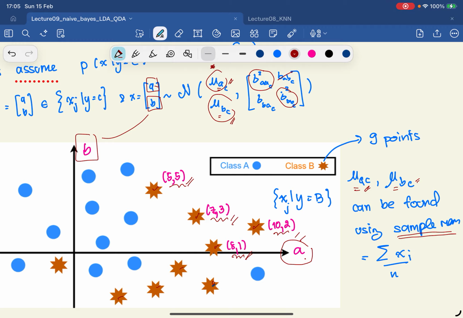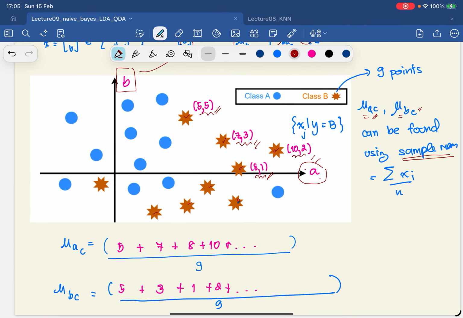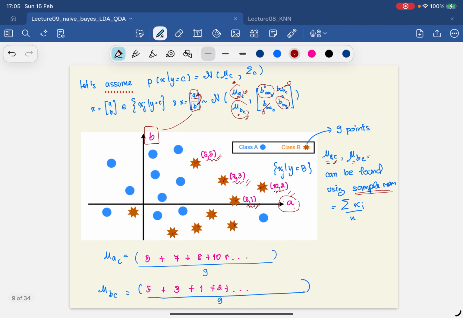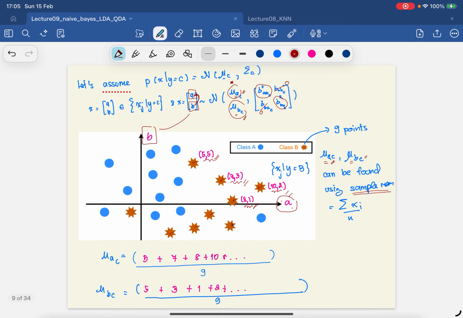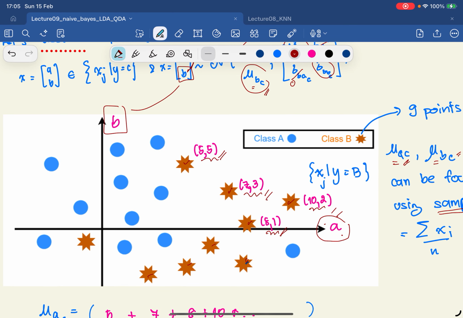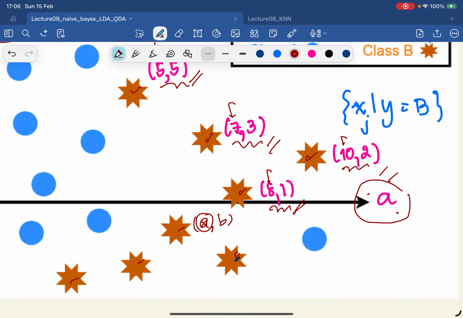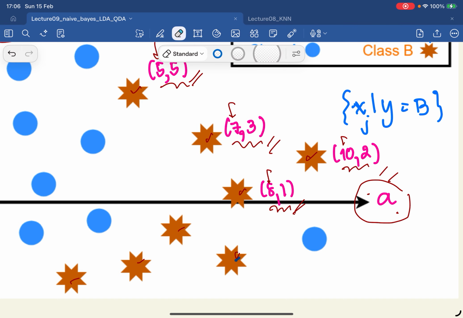Okay, let's assume that there's no correlation between A and B in X, just for now. In this case, for mu A and mu B, we can compute it as follows. Because A is like the horizontal component, I can use all the A components here. This could be, let's say, 5, 7, maybe 6, minus 1, something like that.